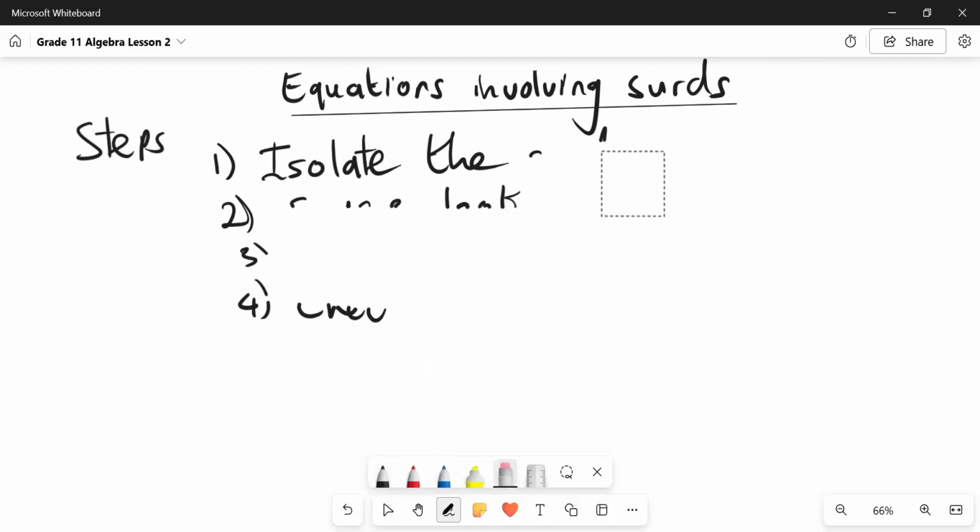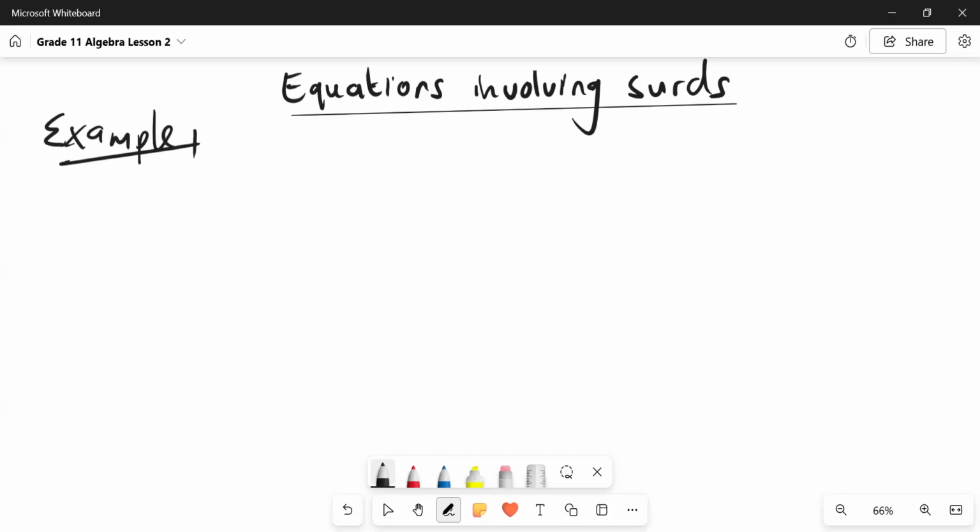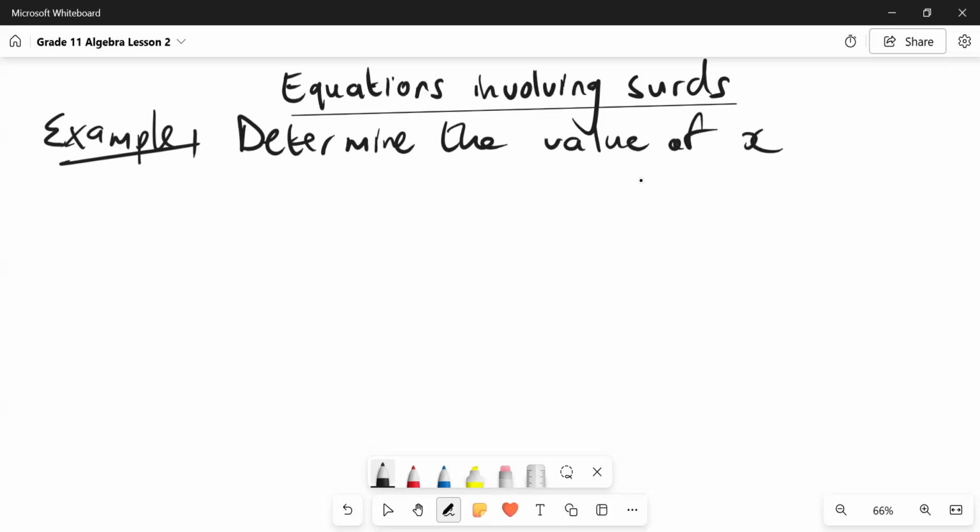For example one, the question is: determine the value of x if, and then they gave us the sum, root of x plus 2 minus 3 equals 0.